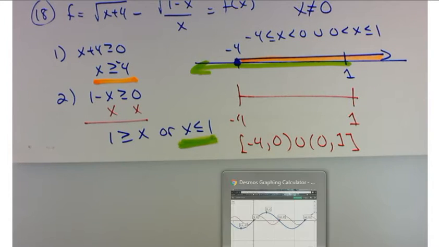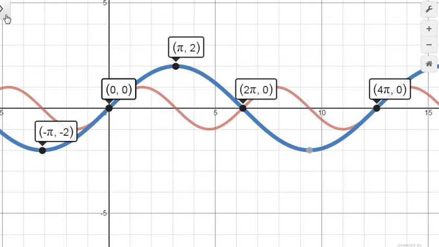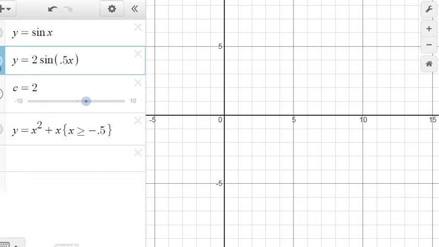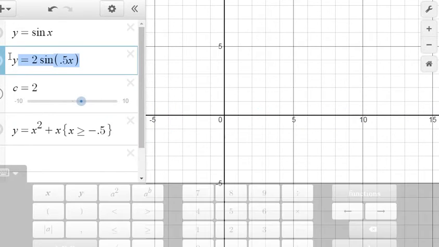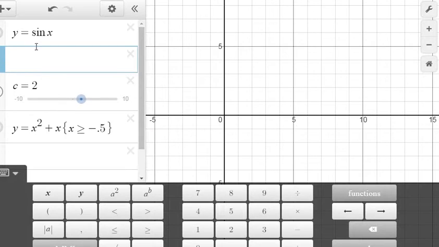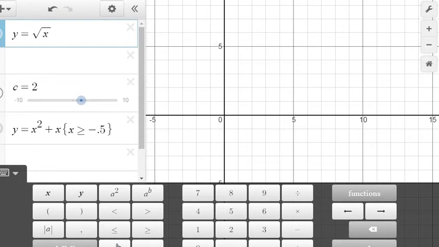If you're looking at this on a graph, then what you should see is that the function is only plotted for those particular values of x that we found to be in our domain. So y equals the square root of x plus 4 minus the square root of 1 minus x divided by x.